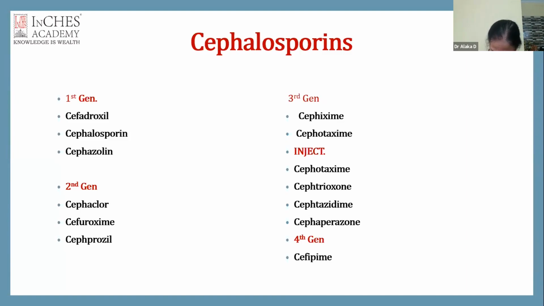So I would suggest that you get acquainted with one antibiotic thoroughly and use it. There is no harm if you use it frequently, because you are conversant with the antibiotic, its side effects, and its dosage. These injectables we keep reserved for our ICU use and for hospitalized patients.